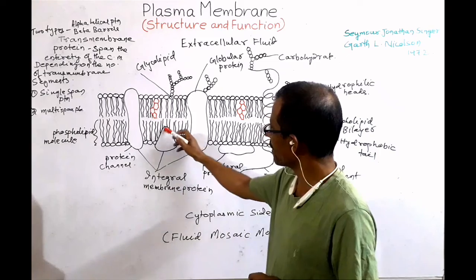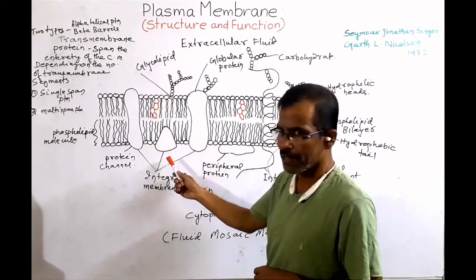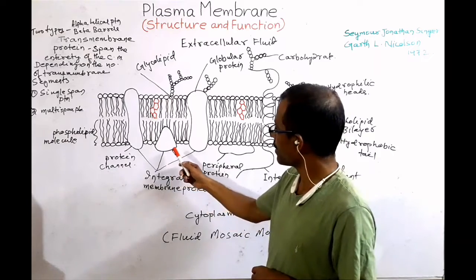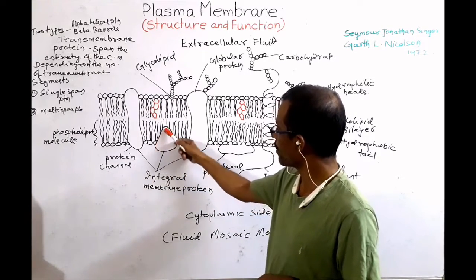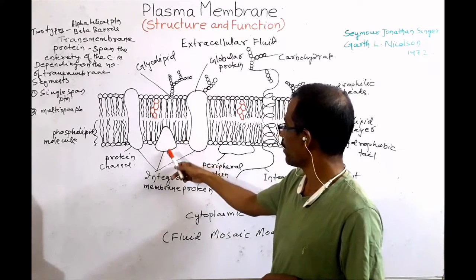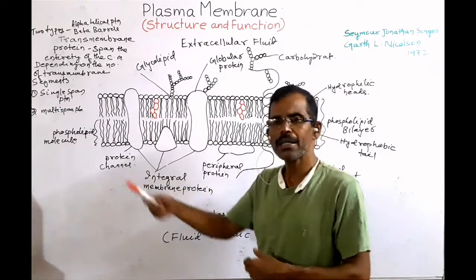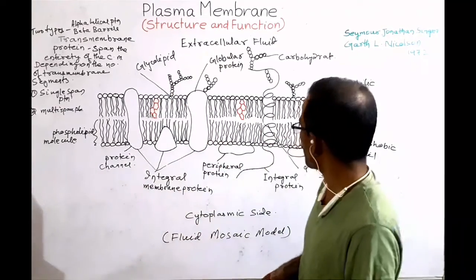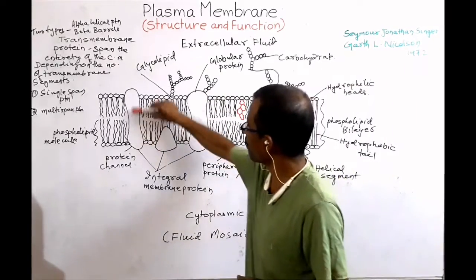Some of the integral membrane proteins do not cross the lipid bilayer. That means they remain embedded only in part of the lipid bilayer. So this is a type of integral membrane protein which does not span the membrane. And another type of integral membrane protein spans the entirety of the cell membrane.